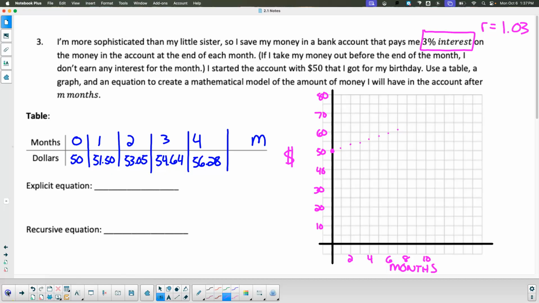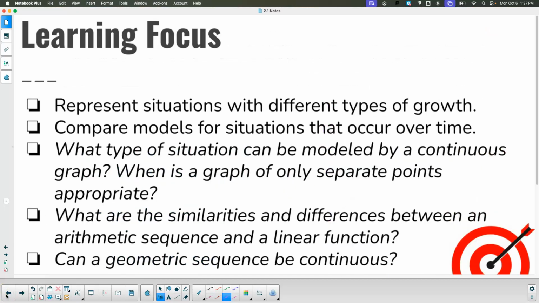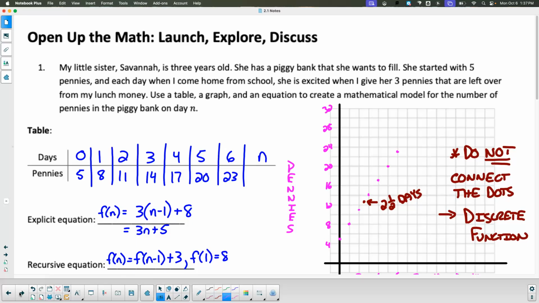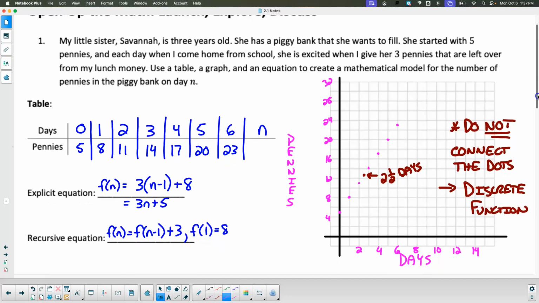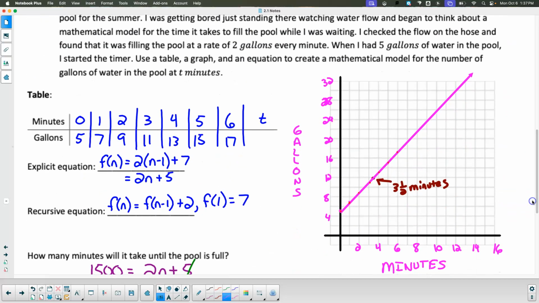The first example we had here was a discrete function, okay? Because we only had those dots. Then this one we drew it in.